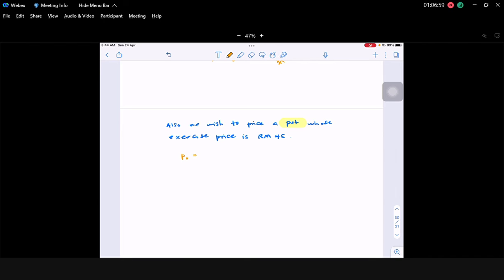Okay, so put option awak akan dapat 0.96. Betul tak? Ada dapat jawapan yang sama ke? Ataupun ada dapat jawapan lain?